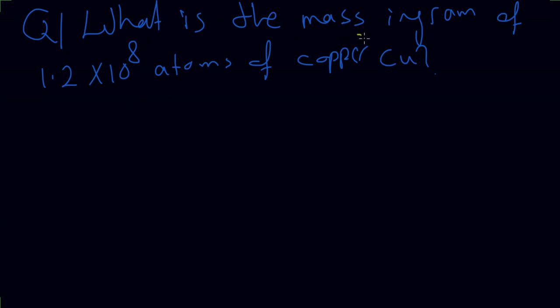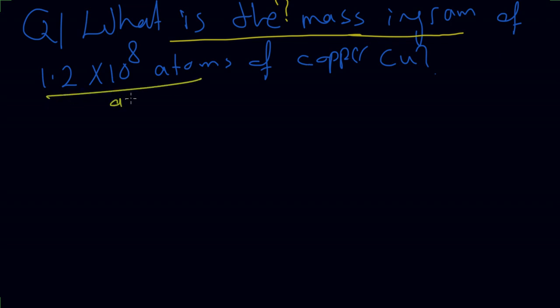Okay guys, if you look at this question, is a little bit different. Why? Because the mass is unknown. Okay, the mass is unknown in gram, but the given is atom, number of atom. So there is no any relationship directly between mass and atom. So first of all, for this type of cases, you have to change these atoms to mole. First step, you will change number of atom to what?